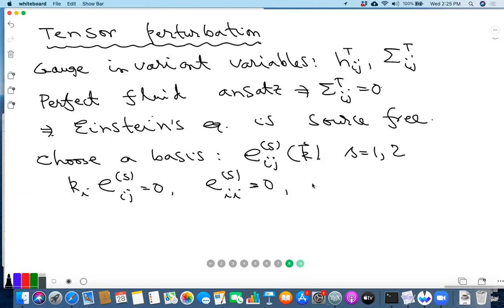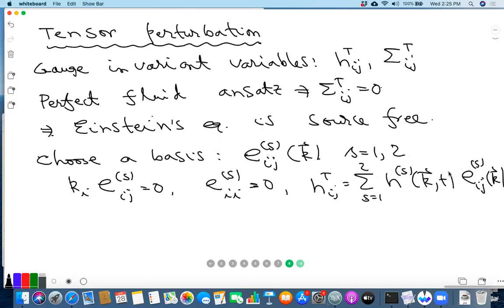And then you can expand H^T_ij as the sum over s equal to 1 to 2 of H_s, which are all functions of k and t, here I'll write explicitly k and t, times e^s_ij of k. So these are the dynamical variables for which you have to write the equations. These are just a fixed choice of basis polarizations.